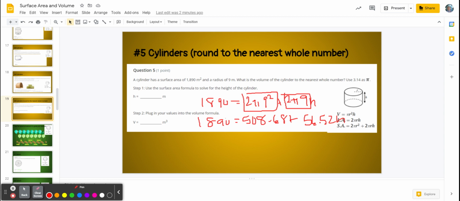Really, what I want you to do is just practice as many of these as you can. So this is 24.4, and then we put it into volume. So pi times the radius squared.